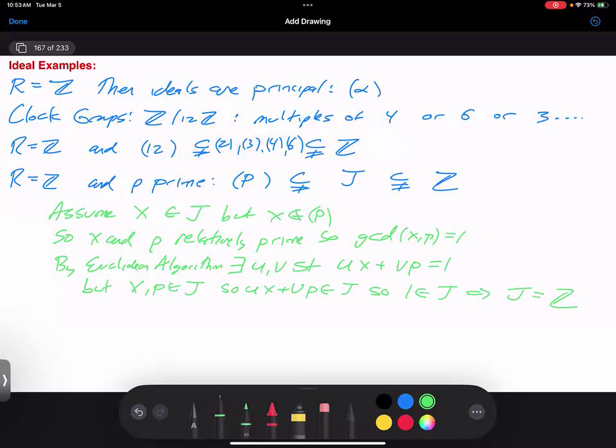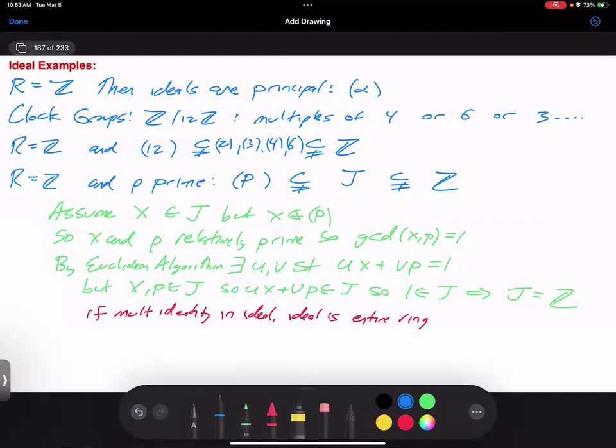Once you show the multiplicative identity is in your ideal, the ideal has to be all of the ring. If multiplicative identity in ideal, ideal is the entire ring. That's a great fact to know.